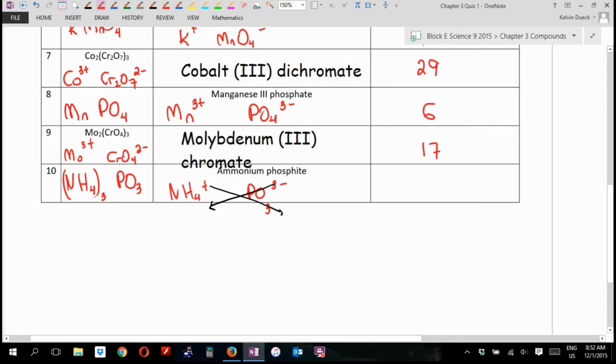NH4, 3 of them. PO3, 1 of them. Is that okay, Franz? How many atoms are there? Inside this bracket, there's 5 times 3 is 15, 16, and 3 O's. Is it 19, I hope? Again, 1 mark for the NH4 in brackets 3, 1 mark for the PO3, 1 mark for the 19.